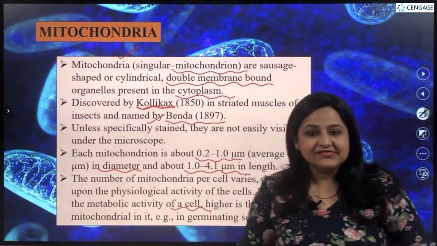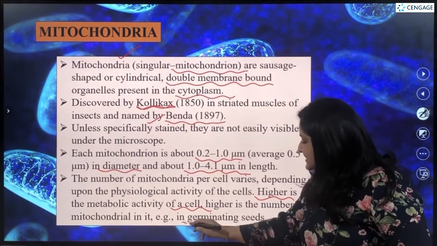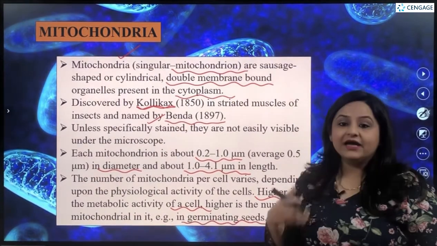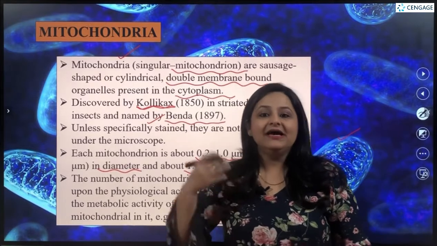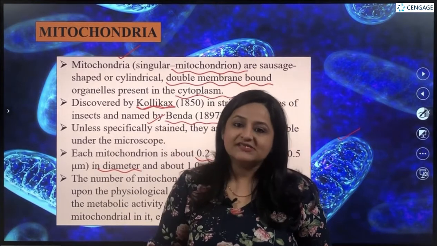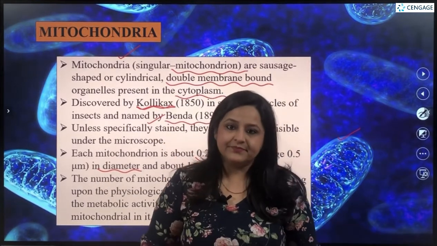For example, germinating seeds are highly metabolically active cells. So, in them the number of mitochondria is comparatively much more as compared to a normal cell.